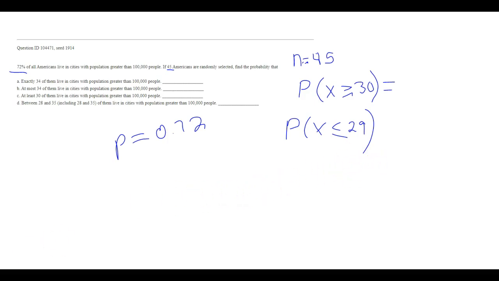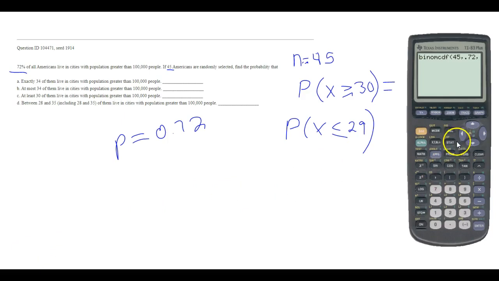So let me get my calculator back up here. All right, so I'm going to put in 29. That's going to give me everybody 29 or less. Okay, so I'll hit enter. So that's the probability that it's 29 or less. Now the complement of that would be 30 or more, which is what I want.